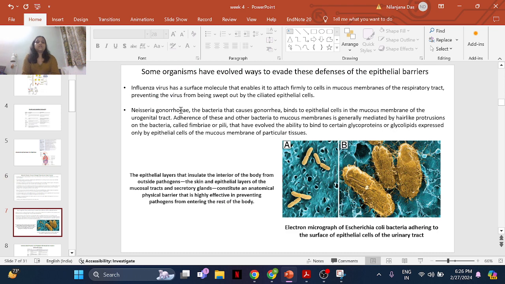There are certain organisms which are evolving, like we are evolving. Pathogens are also evolving, and they want to evade the defenses of these anatomical barriers. I have given two examples. One is the influenza virus.